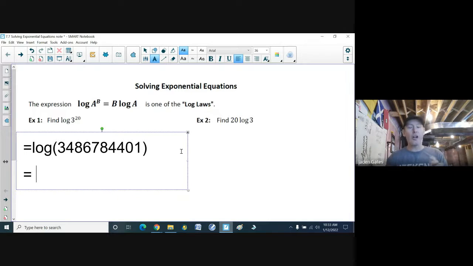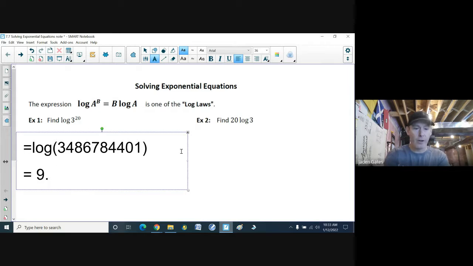Now, if I take the log of that big number, remember in our last class, we talked about how the log function was used many, many years ago to take big numbers and make them smaller because we didn't have calculators. If I take the log of that massive number, I get 9.54.